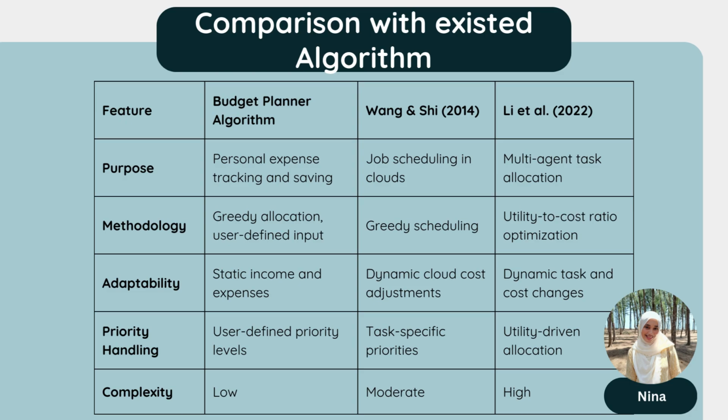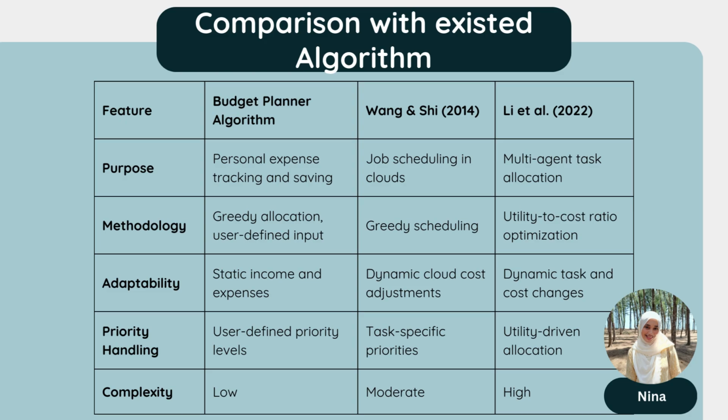Next, we will see the comparison between existing algorithms and our algorithm in the budget planning system. So here we got it from research and articles that were written by Wang and Shi in 2014 and by Lee in 2022. So here we can see the features of the budget planning algorithm versus Wang and Shi and Lee.